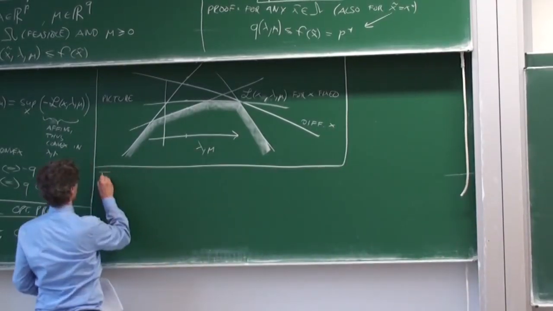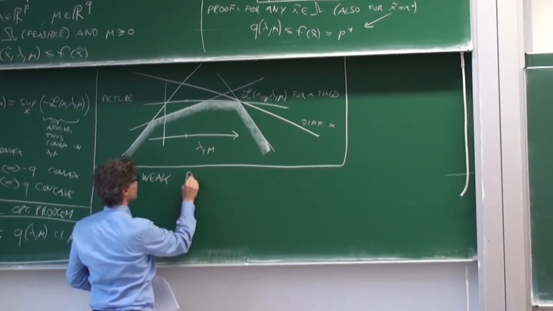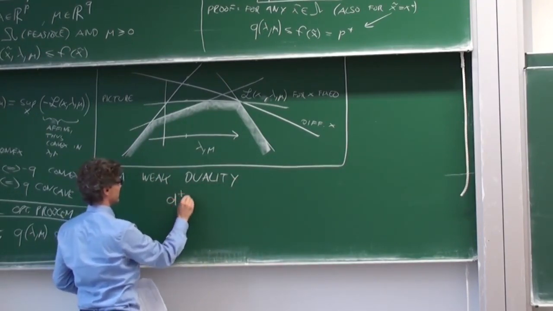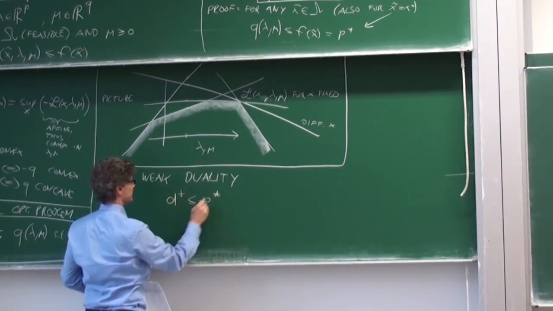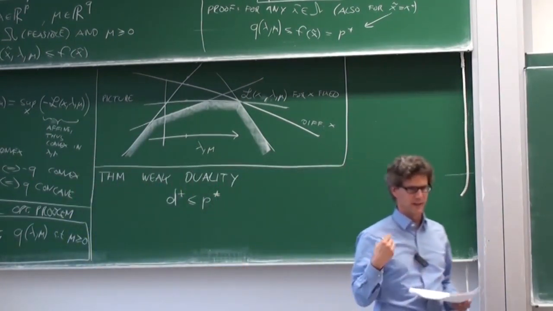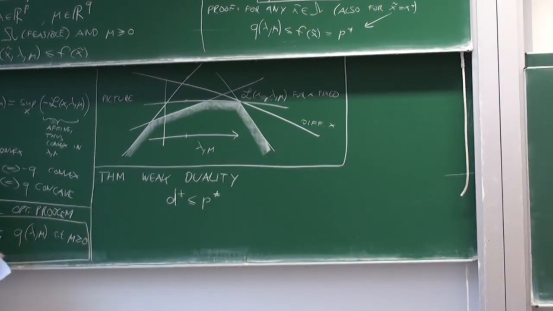We don't even need to prove it. It's called weak duality. It just says d star is smaller than p star. So by maximizing over the lower bounds of our optimization problem, we of course keep a lower bound. It's just the best lower bound that we can get from our Lagrange dual function.